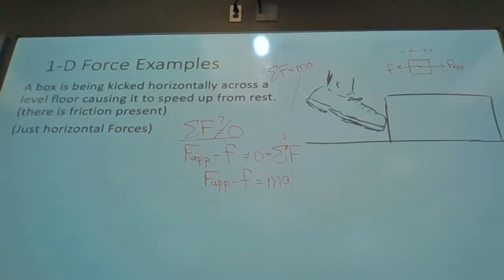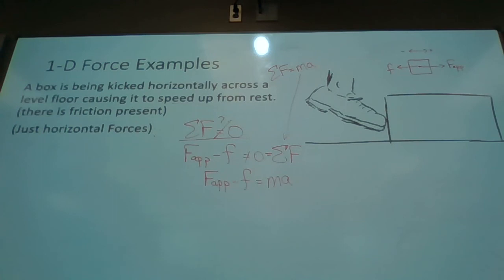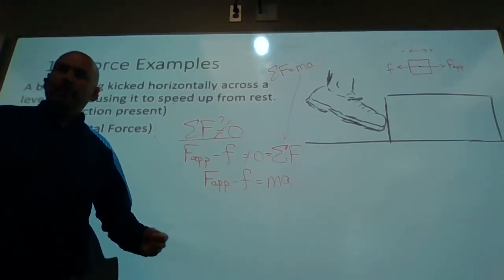What does that give me? Why would I do that? Let's say the scenario is I'm pushing the box with 50 newtons, but there's 30 newtons of friction, and the mass of the box is 5 kilograms. What's happening to the box?